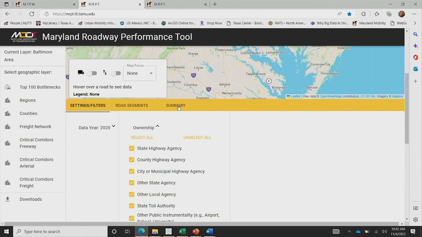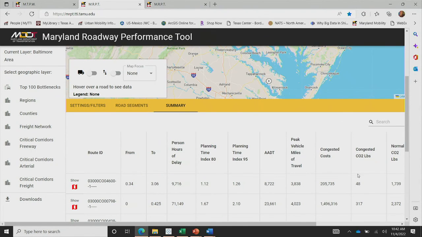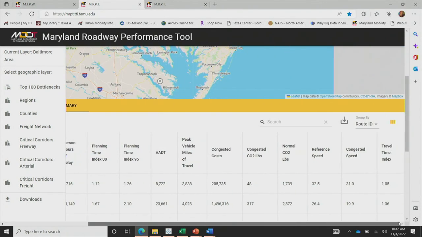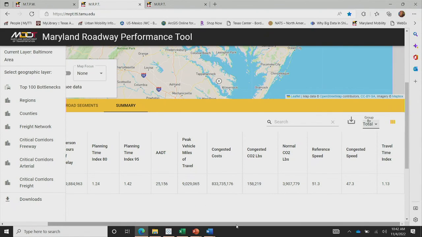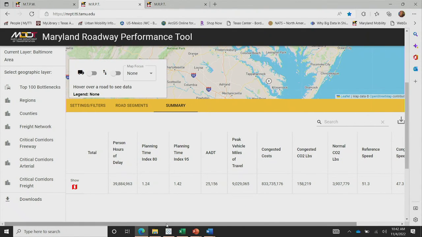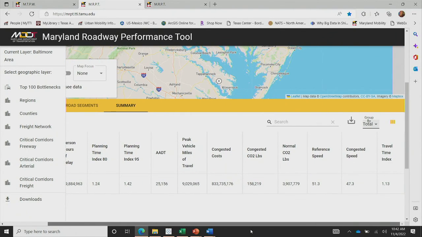You can, and then when you summarize it over here, you can also group things. And I like this because, for example, if I wanted to summarize one total for the whole Baltimore region, the math is all in there, and they can get a total for 2020 in this example for Baltimore. So these would be the performance measures for just the Baltimore region.